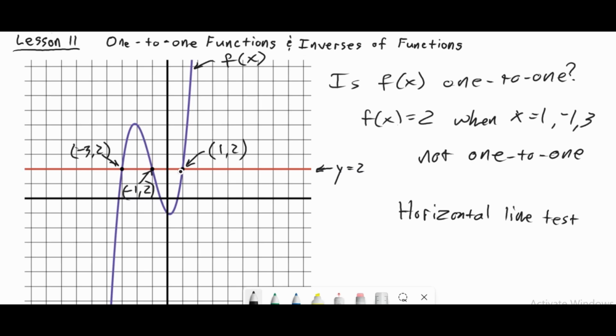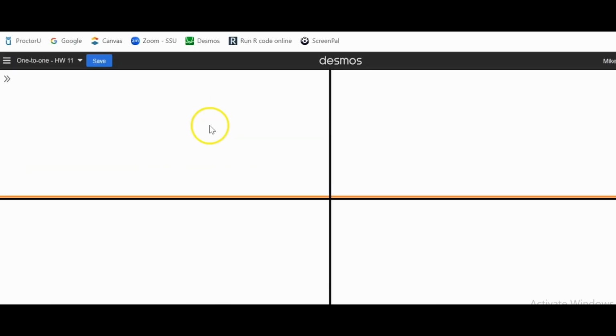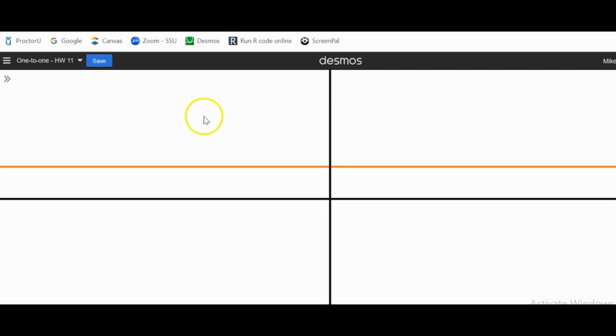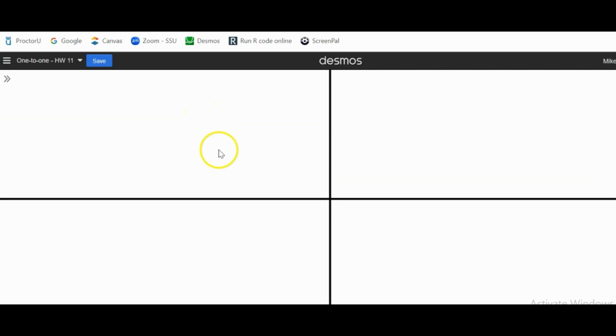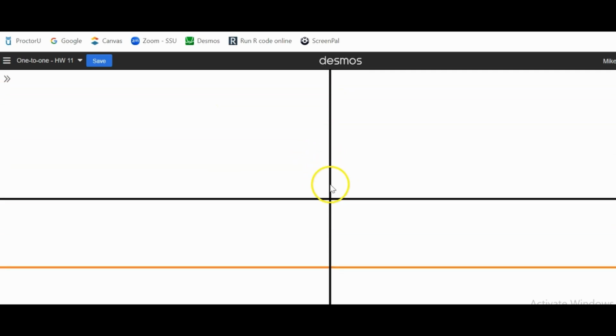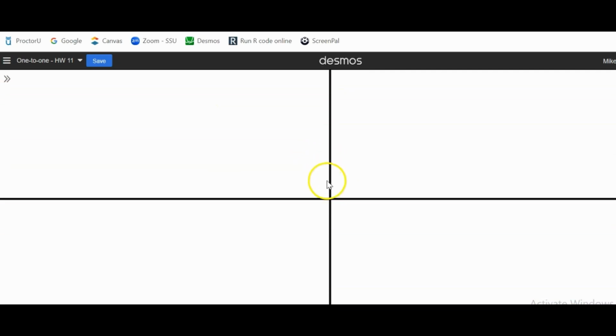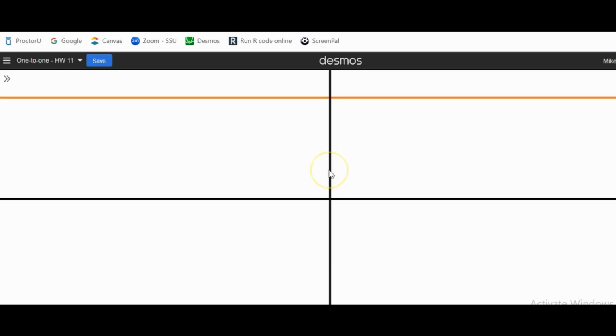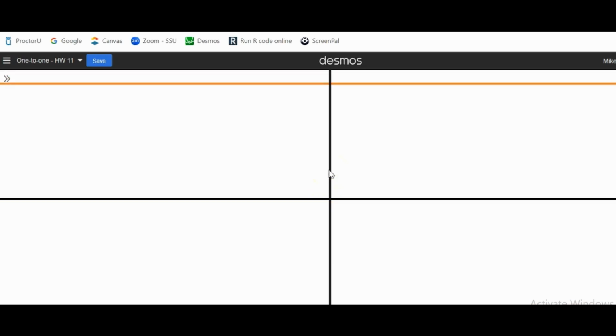Okay, so let's look at a couple other examples where the horizontal line test does pass. What I've done here is put in this horizontal line that's moving up and down, and we can see if I were to put a graph on here whether this horizontal line is crossing over the graph in more than one place.